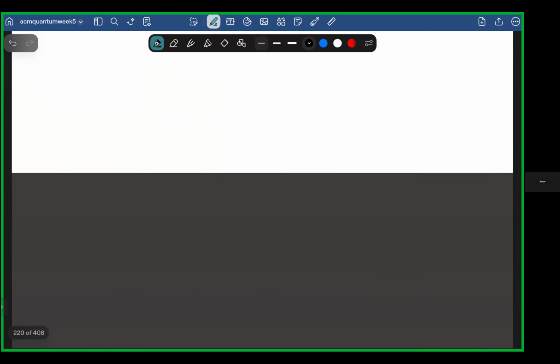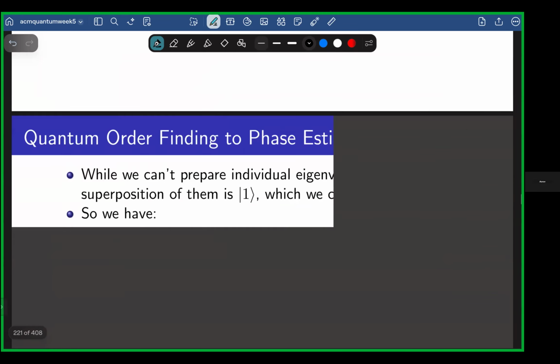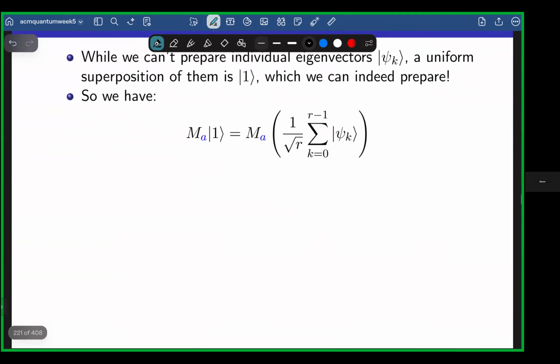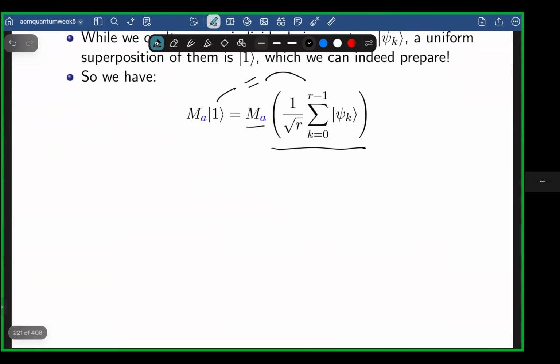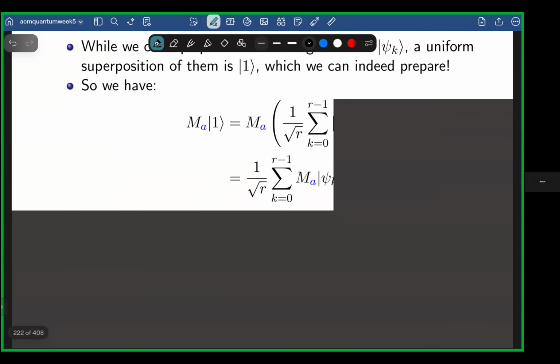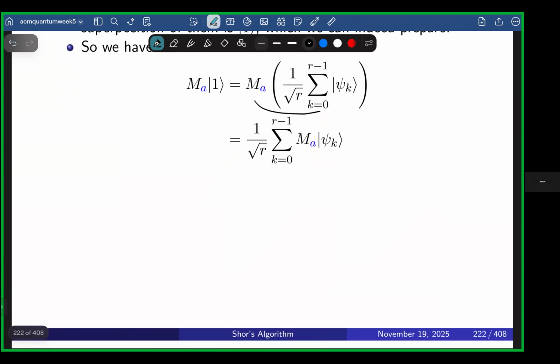So we have MA on 1 is equivalent to MA on this uniform superposition of eigenvectors. We just showed that these are equivalent, so this is indeed valid. And then by linearity of the operator, you can take this MA, put it into the sum, and it will act individually on these eigenvectors. What do we know about these eigenvectors now?